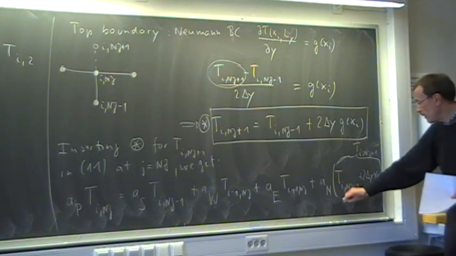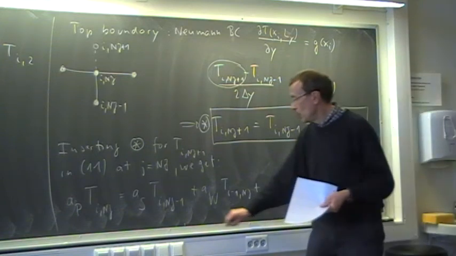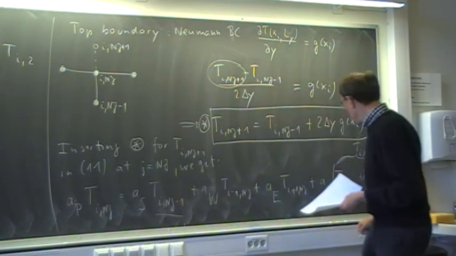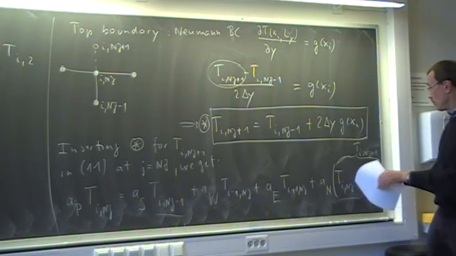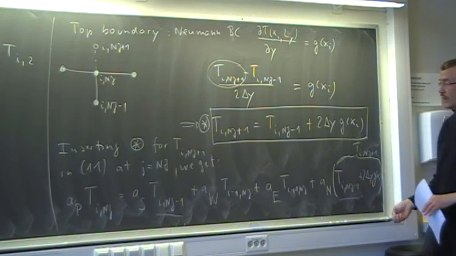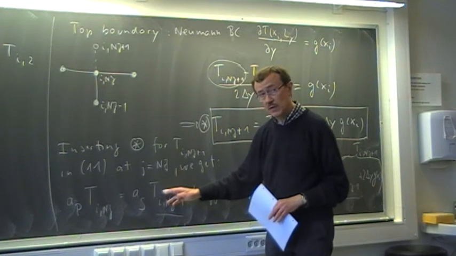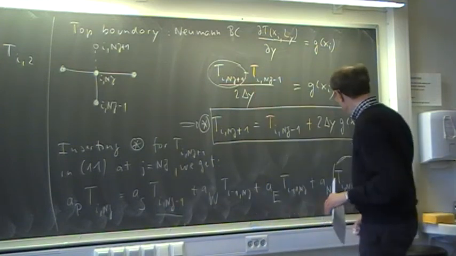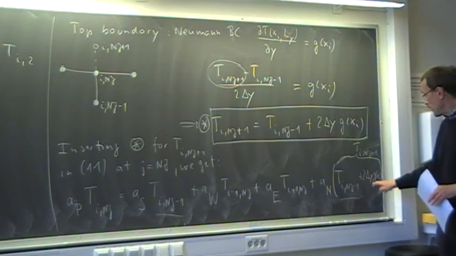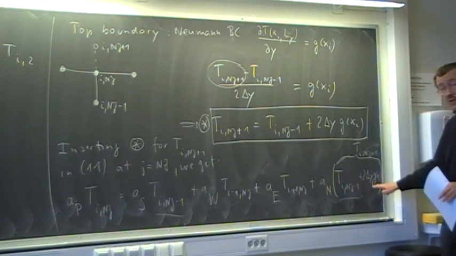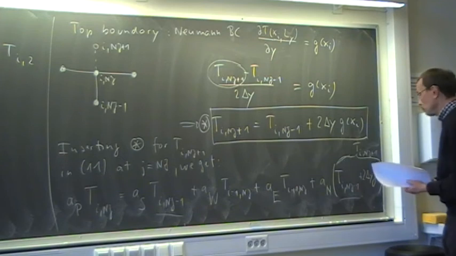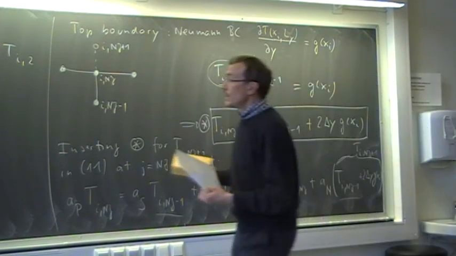And then we see what we get. We get another contribution to the southern coefficient. So we can put them together, and we get aS plus aN times this value at the southern point. And the value that we get here, aN times this, will be a source term. So let's write that.